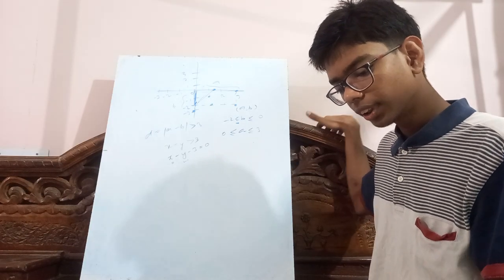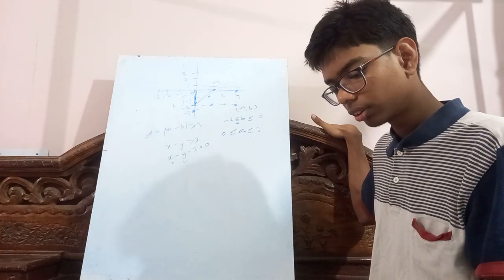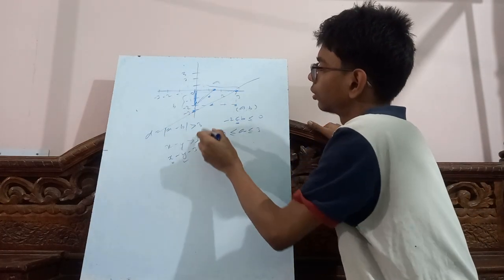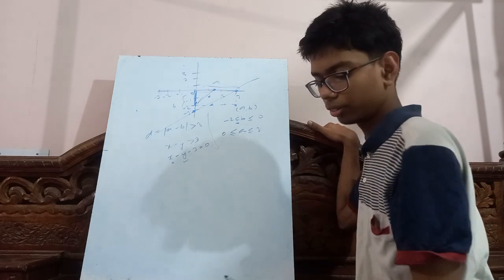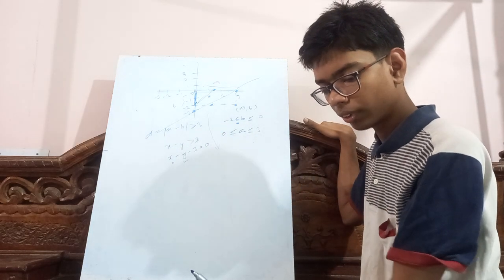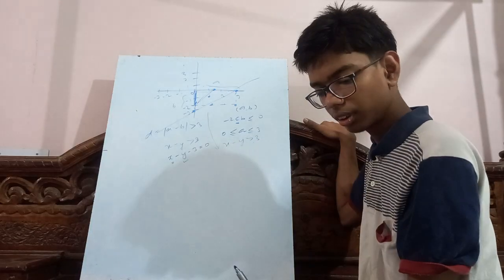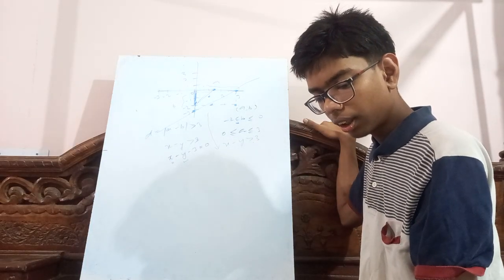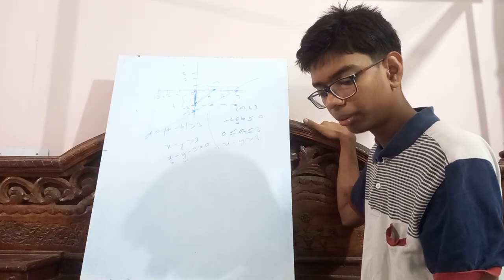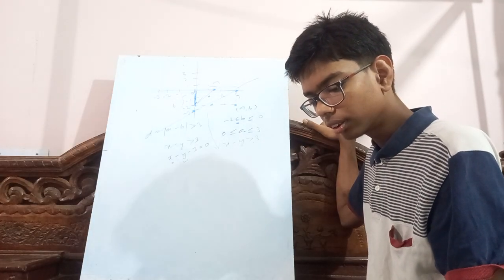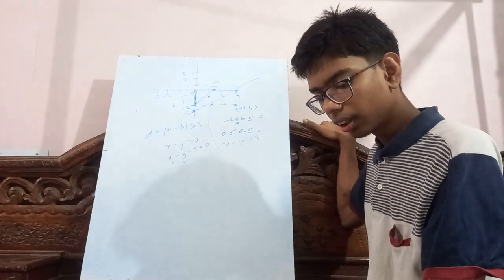So suppose I get a region, the region I get, x minus y greater than 3. The line with x intercept 3 and y intercept minus 3 cuts the rectangle.